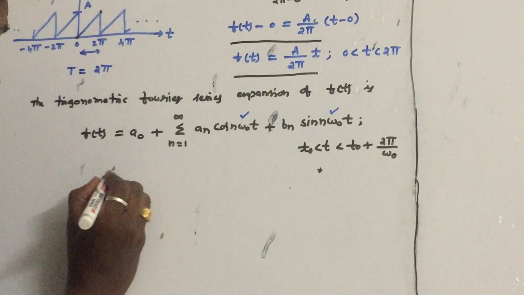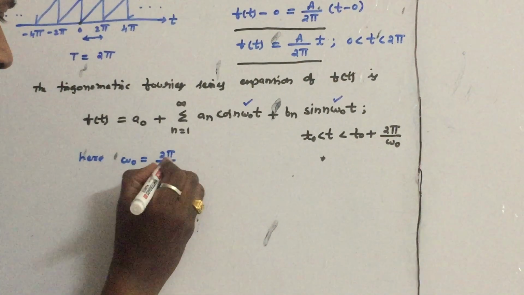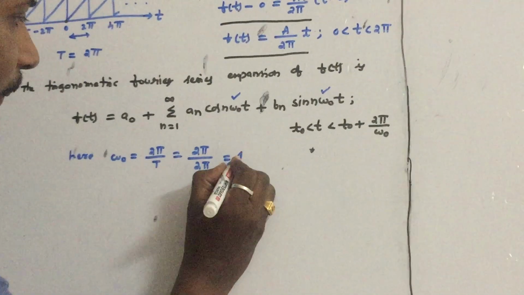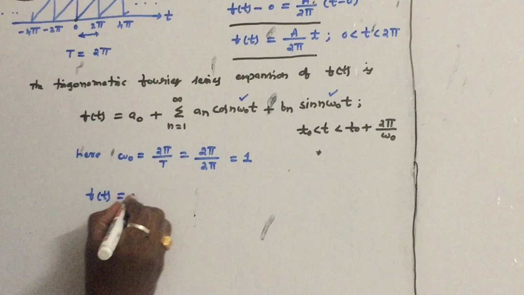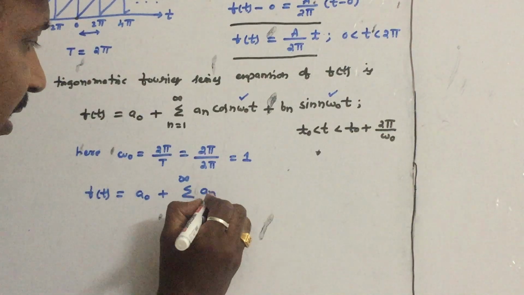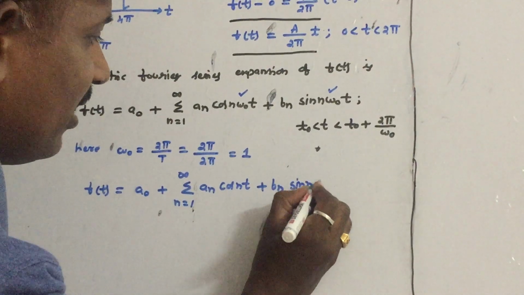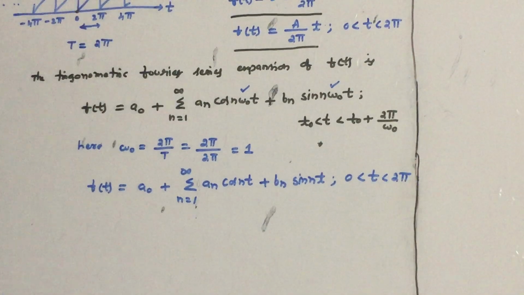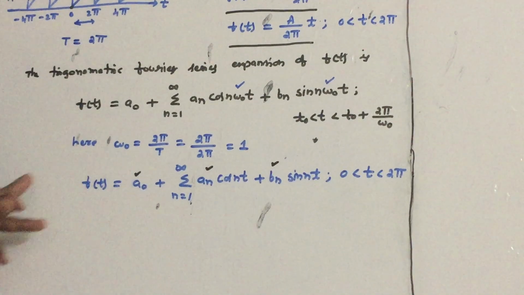Here omega 0 is 2 pi by capital T, and the time period of the given waveform is 2 pi, so it becomes 1. Substituting 1 in the above equation, I rewrite f of t is equal to a0 plus summation n equal to 1 to infinity an cos nt plus bn sin nt, in the interval 0 to 2 pi. We just have to find a0, an and bn in this expansion.